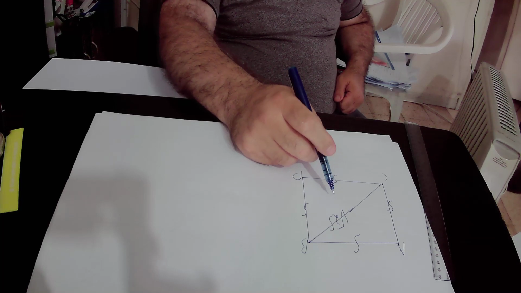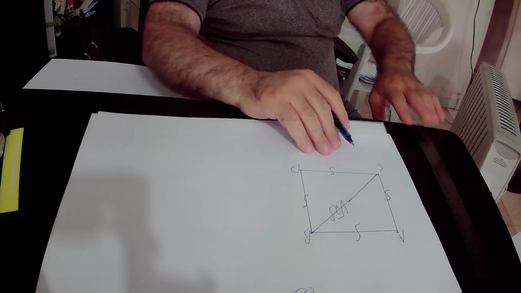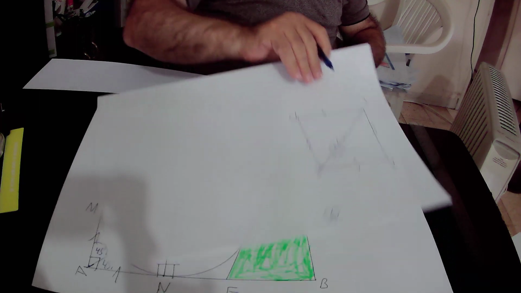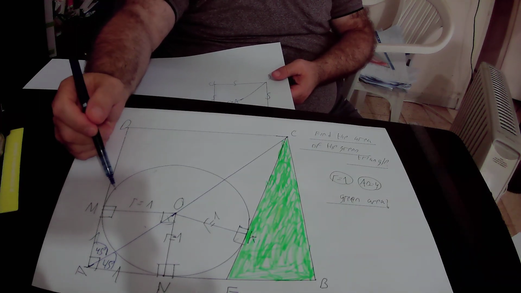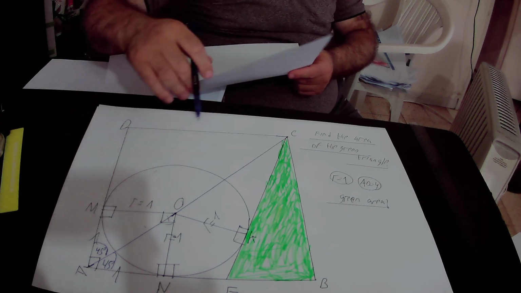And we can calculate the length of diagonal OA of square MOAN according to rule number 7.